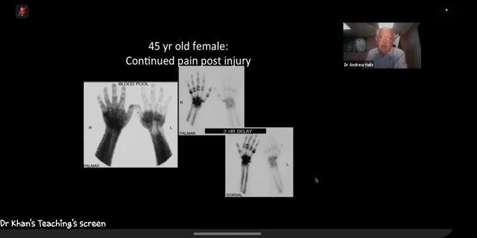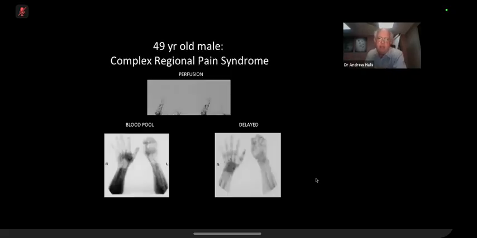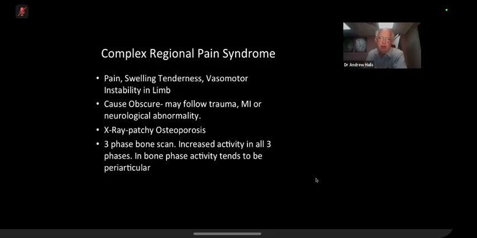I don't think people fully understand exactly what it is, but basically you get increased vascularity, vasomotor instability, and this increased uptake on all three phases. Sometimes, though, perfusion is not increased for some reason. And you get osteoporosis classically on the plain films, but it's very difficult to see osteoporosis on a plain film.